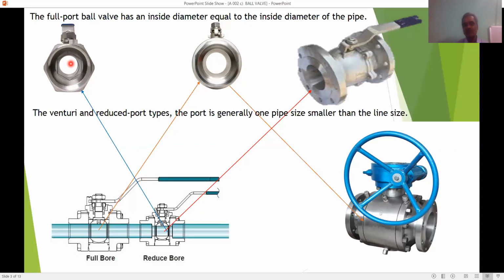If it is a 4 inch valve, upstream and downstream would be 3 inches. This is to be noted. Whenever you are installing or doing maintenance of the ball valves, you have to understand the way of installation, how it is shown in the drawing, and you have to install as it is.